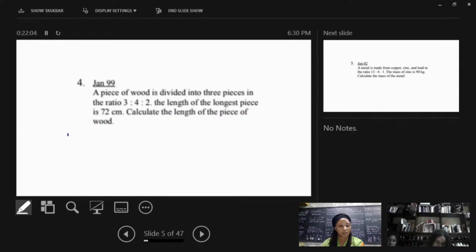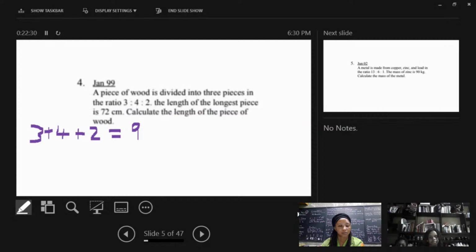The length of the longest piece is 72 centimeters. Calculate the length of the piece of wood. Okay, we will add the ratios together. So 3 plus 4 plus 2. Miss, that would give 9.